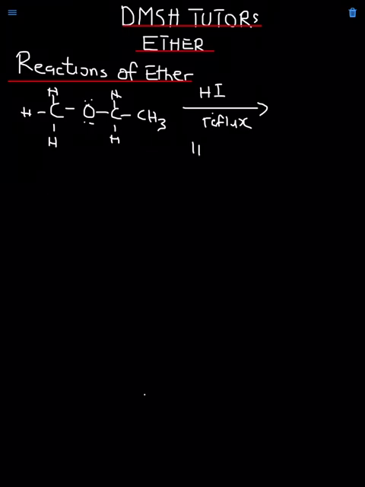The bond in the strong acid is this, and since it's a covalent bond, the iodine, being more electronegative than the hydrogen, will withdraw the electron to itself. This leads to a partial negative on the iodine, leaving a partial positive on the hydrogen. That's the first thing. This is one of the simplest things you have to know.